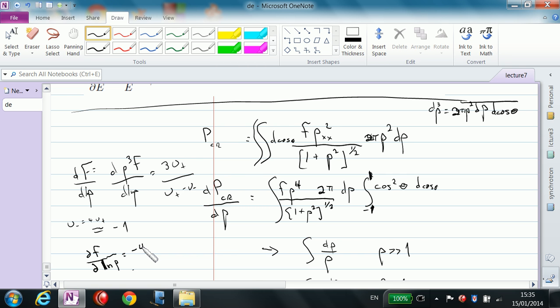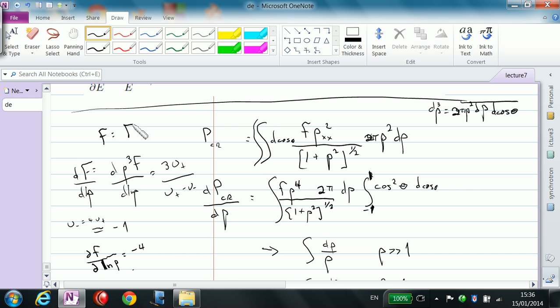Yeah, because p cubed times, if this is p to the minus 1, yeah, if f goes as p to the minus 1, then little f goes as big F over p cubed.